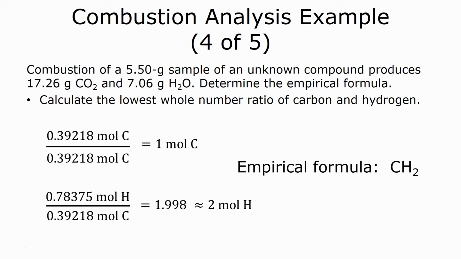Now we can round this 1.998 moles of hydrogen up to 2 because it's close enough to 2. If you haven't performed any intermediate rounding, all of your values should be very close to an integer or a very recognizable fraction. So be careful you don't perform any intermediate rounding. Always carry at least one extra digit beyond the last significant digit.